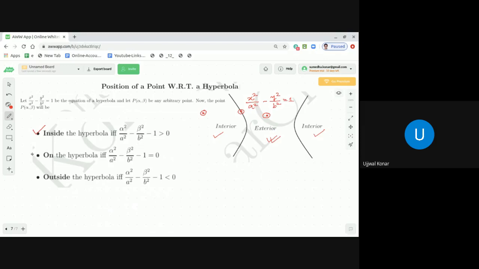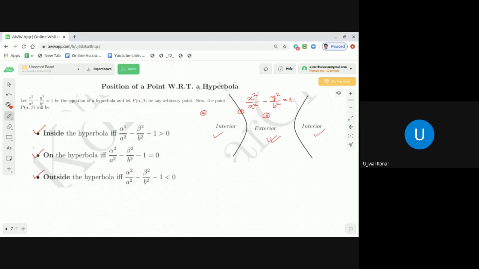It is on the hyperbola if the value of the expression is 0. Obviously, it should satisfy the equation of the curve. And it is outside the hyperbola if alpha square by a square minus beta square by b square minus 1 is less than 0. Then we can say it is outside the hyperbola.